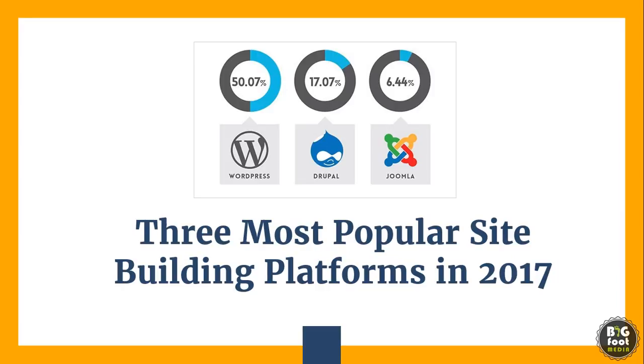I have already made a video on what a CMS is and why WordPress is useful as a CMS; you can refer to that video for more details. You can see WordPress is the most popular platform for building a website. We have three types of web building platforms here, but we will choose to go with WordPress because it has many advantages.